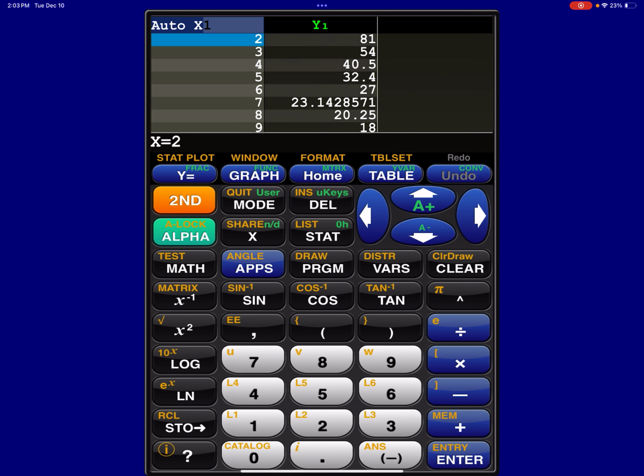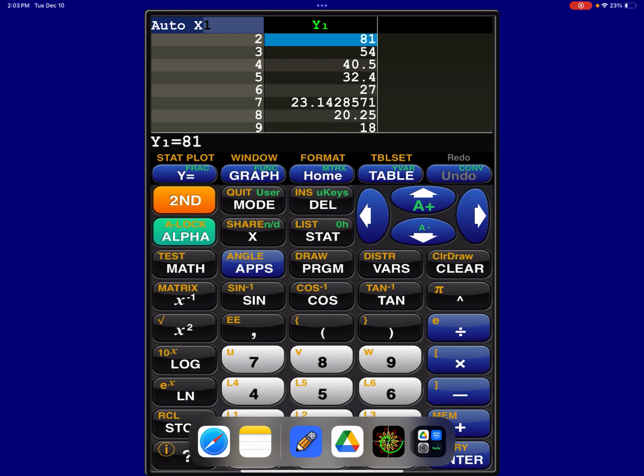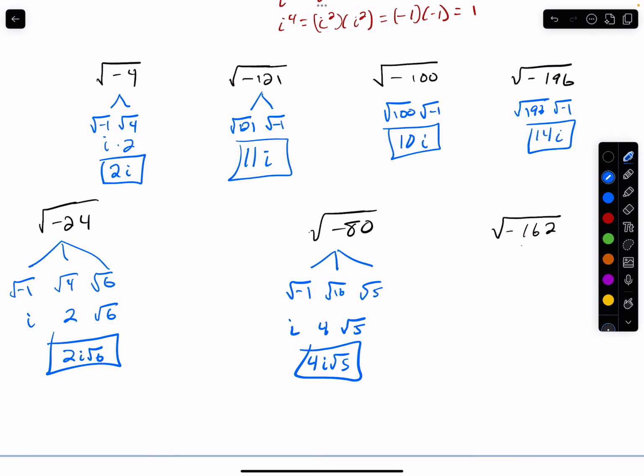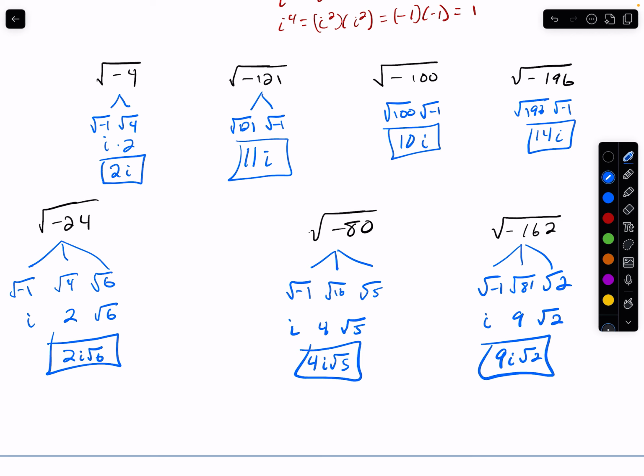Now that's the highest perfect square that goes into 162. So I'm going to separate this into three things: the square root of negative 1, the square root of 81, and then the square root of 2. So this becomes a 9, this becomes the square root of 2, and then write it 9i radical 2. Okay, so that's how you convert into i's.